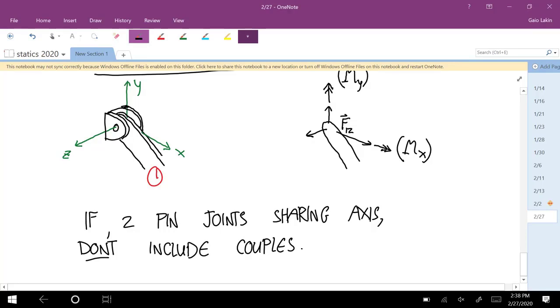Okay, so pin joints with thrust and without thrust work the same way. It's just that one has a force along the z-axis. And all of these couples around the x-axis and y-axis and z-axis just depend on this arbitrary coordinate system that I have here.